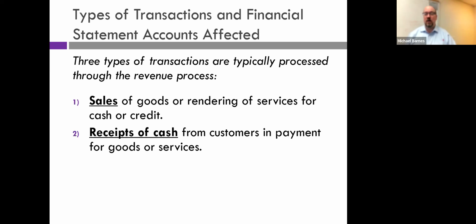That's our second pinpoint transaction, noting that when we generate a sale, we're going to have a collection of cash at some point in the future, which presents its own different risks that we have to be very aware of. This also would include those cash discounts we talked about before, like 1/10, n/30. That would be an example of a cash discount that we would record for this particular step.